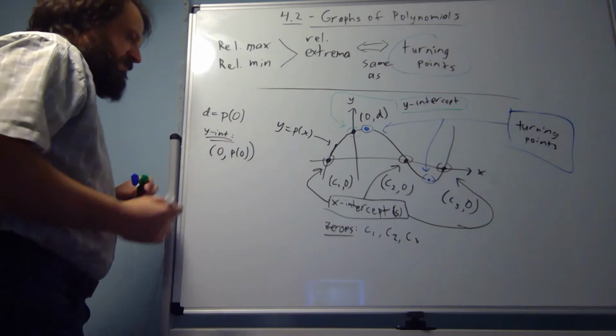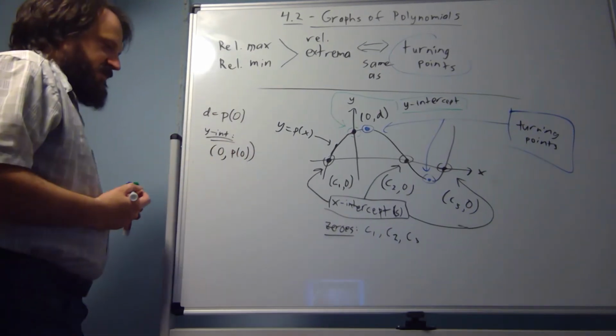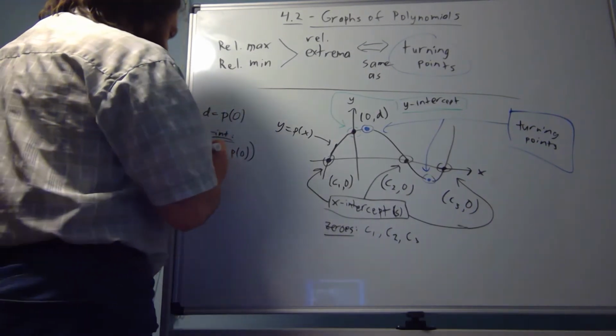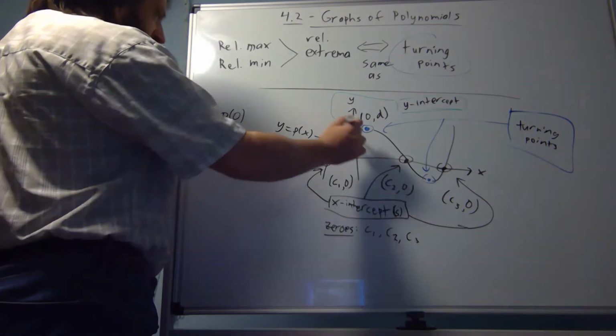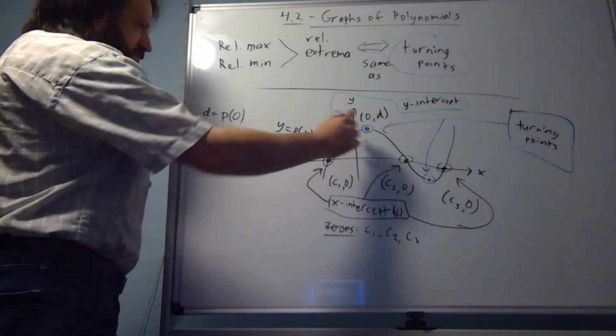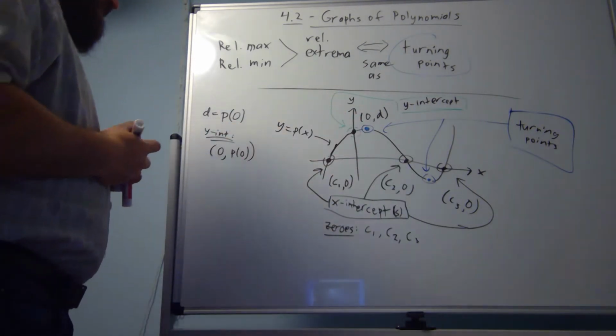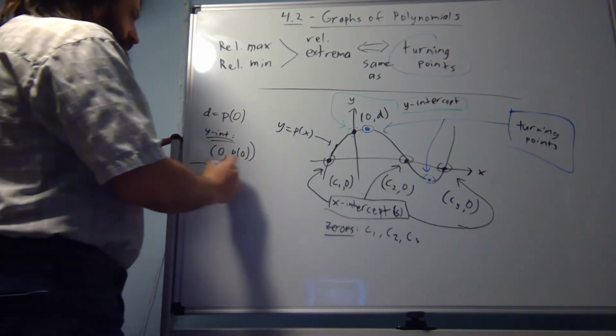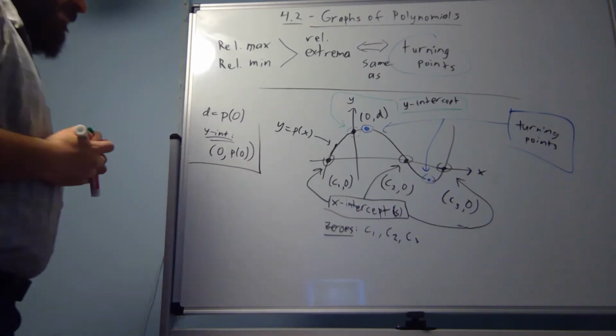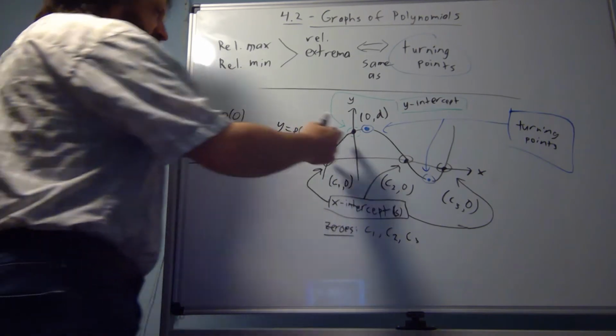Once you compute p of 0, you can just call it d, and then you can just write down (0, d). Like if this is 4, then (0, 4) is a y-intercept. All right, so just compute the function when x is 0, and that's the y-intercept.